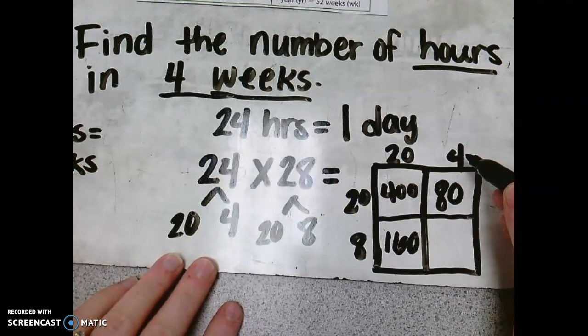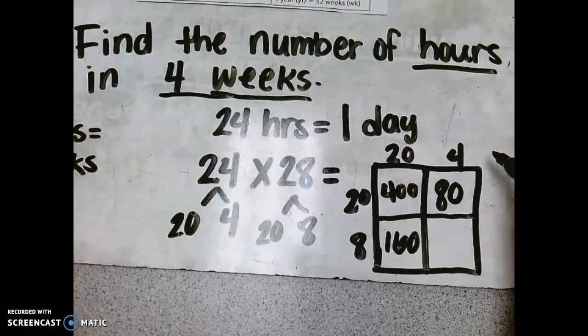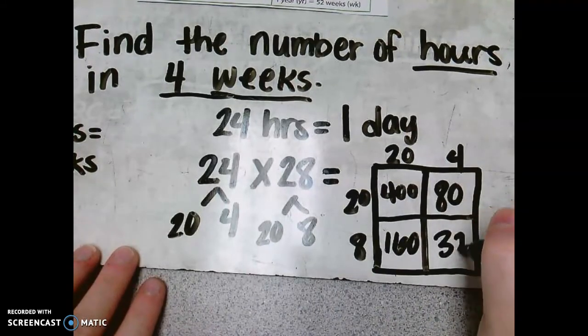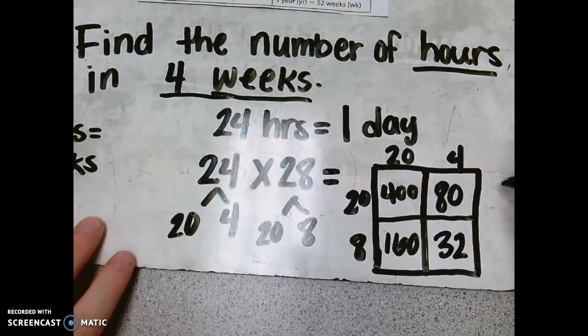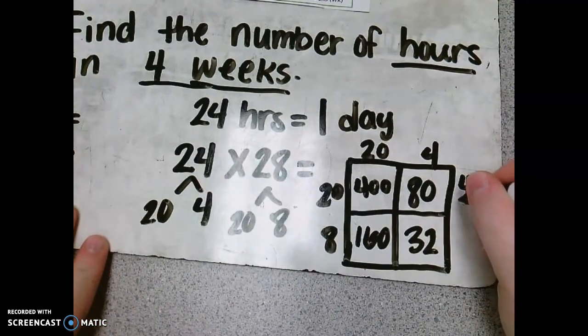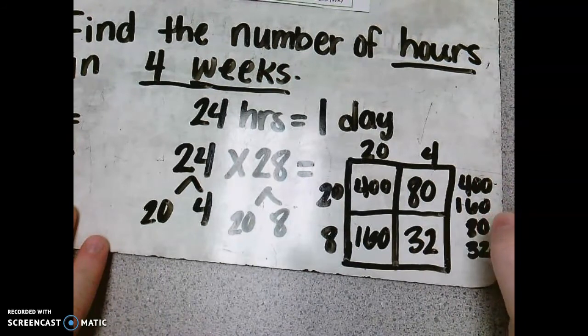Then 8 times 4 is what? 32. Good job. And once we have all of our numbers filled in our box, we're going to add them all together. So I'm going to come over here on my little side: 400 plus 160 plus 80 plus 32.